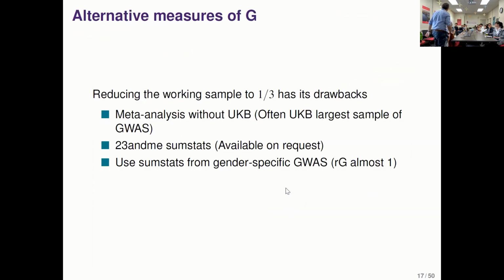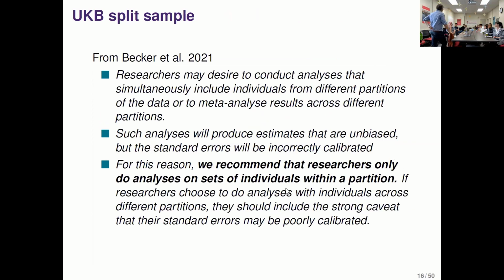So that statement on your previous slide, was that just a statement in the Becker paper, or did they provide evidence? They provide evidence, yes. It's in the methods section of the paper. The idea behind that is that since we are using the other subsample as weights, there's a correlation structure that we ignored that could affect our estimates in the regression framework.